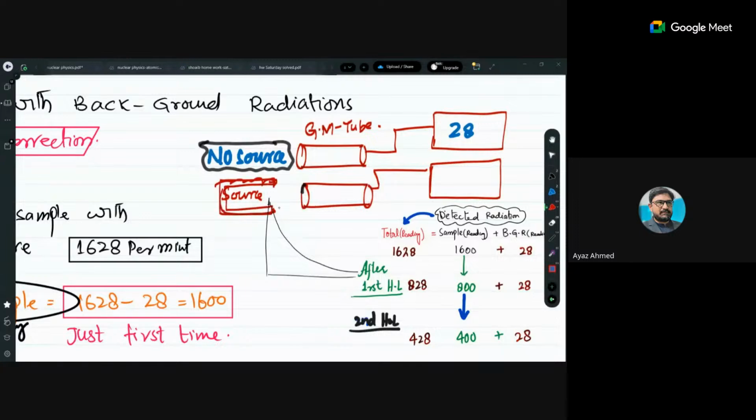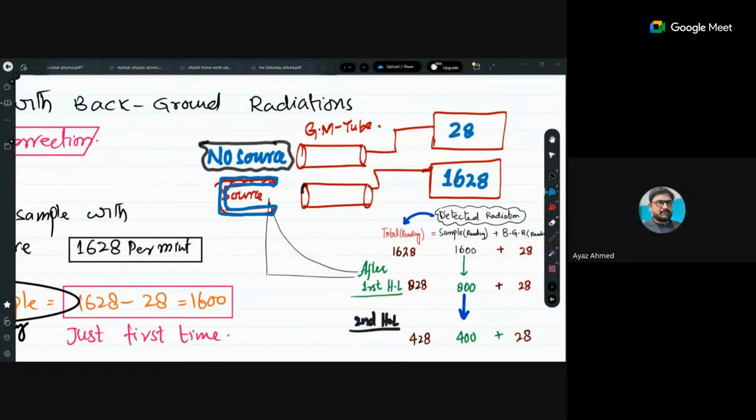You have a radiation source, and when you place source, basically source is radioactive. Everyone knows source is radioactive, so immediately the reading is enhanced, and let's say it reached 1628. So what does it mean? It has increased from the source and the background radiation.